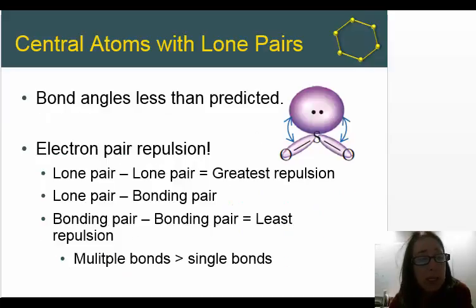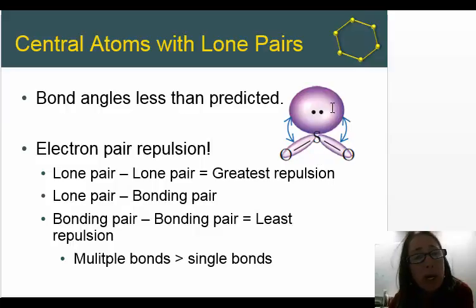Now one of the things we need to keep in mind is that when we're thinking about bond angles, lone pairs are not tethered down by another nucleus. What I mean by that is if we look at these 2 bonding electrons between sulfur and oxygen, they're being held in place by two different nuclei, the nucleus of sulfur and the nucleus of oxygen, and that is tethering those electrons in place.